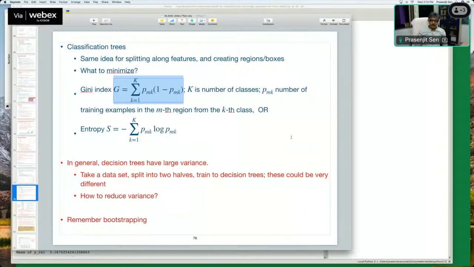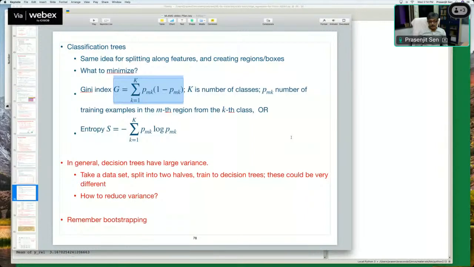And p_mk is the fraction of training examples, not the number, in the mth region. We have to split the feature space, and we are talking of the mth region in the feature space. In that mth region, p_mk is the fraction of training samples in the kth class.